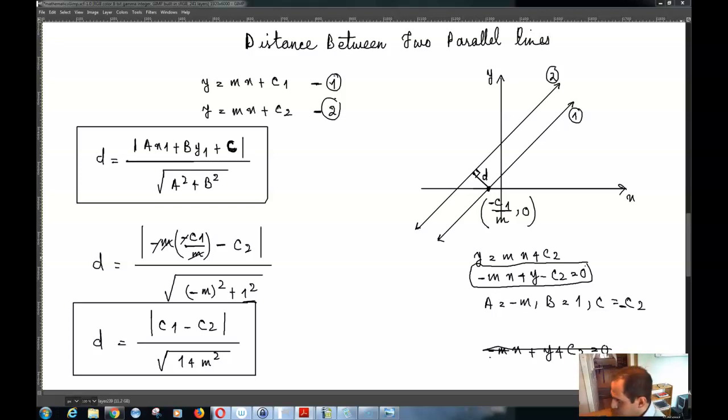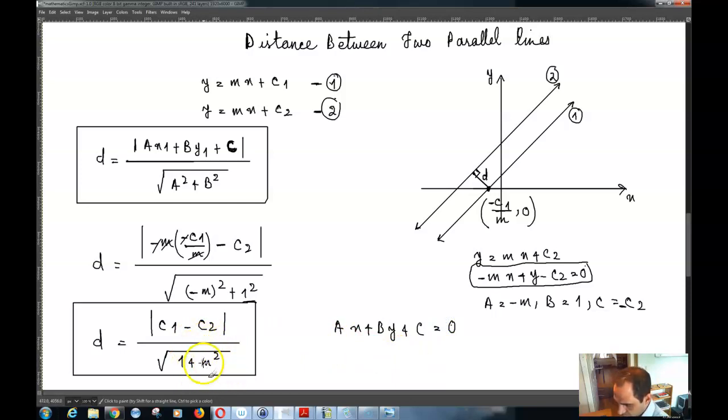Now there is only one thing, c1 minus c2 over the square root of 1 plus m squared. If the equations of these lines had been given in the form ax plus by plus c is equal to 0, then of course we would not have m squared.